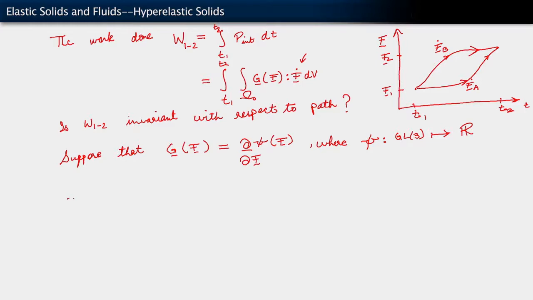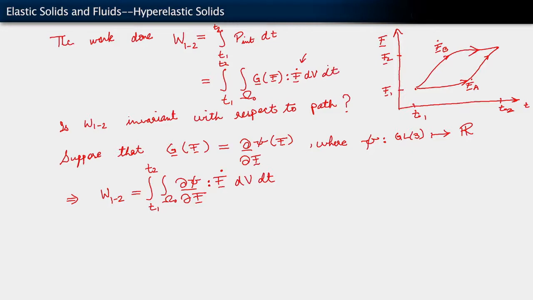What that implies then is that W1 to 2 is now the integral from T1 to T2 of the integral over omega naught of the partial of psi with respect to F contracted with F dot, dV dt, and I realize I missed out a dt here.